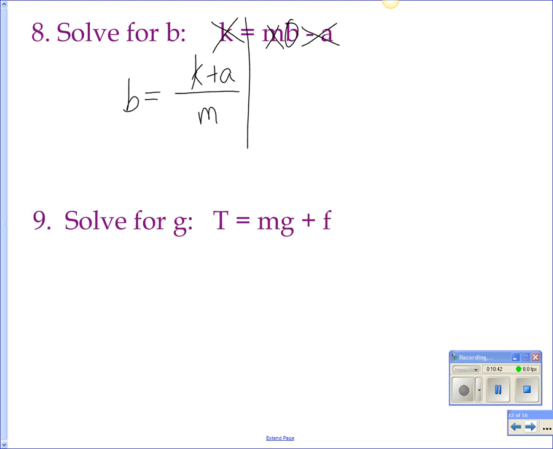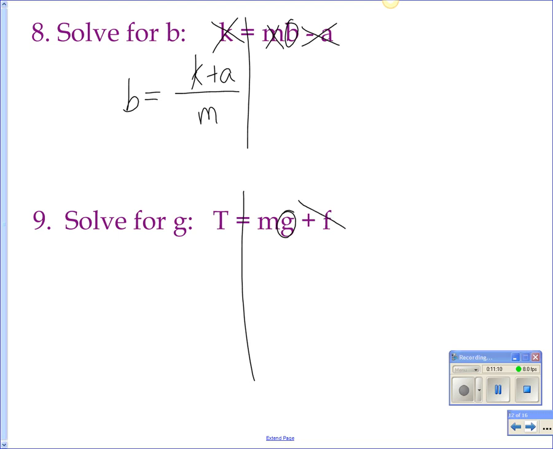All right, number 9, solve for G. T equals mg plus F. And Summer, what do you do first? Nadia, what letter is going to move away from G? Sorry, which one's going to move first? What did you say? M and G are best friends.